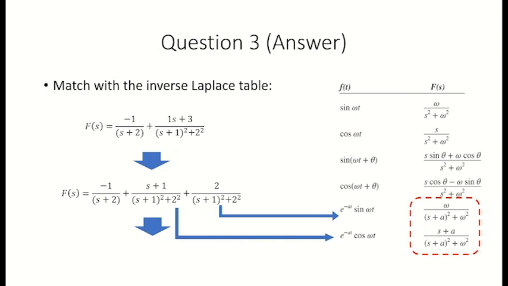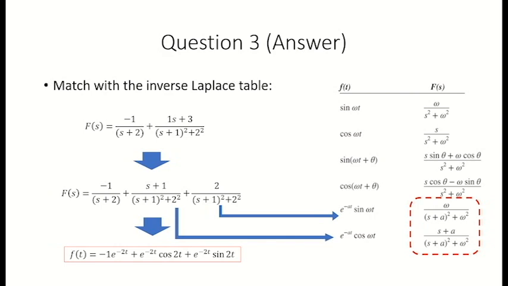The overall F of t for this F of s is shown in this slide. Just to recap, you have to manipulate the equation to match the one in the Laplace transform table if you want to find the F of t.